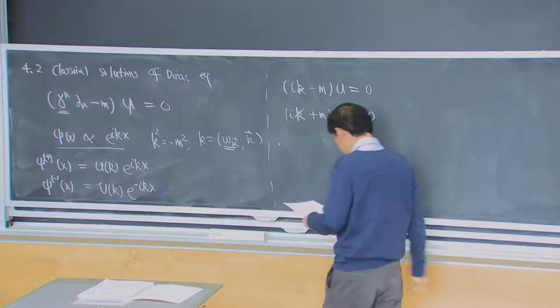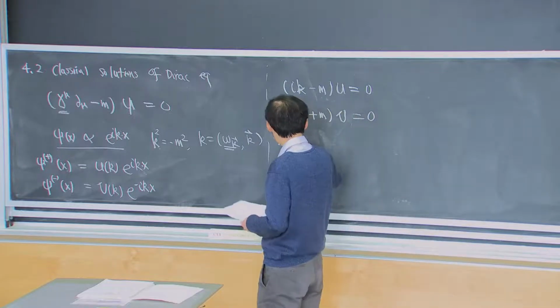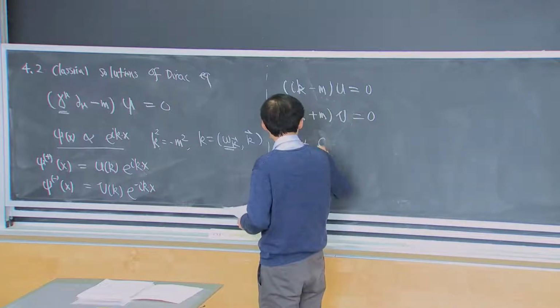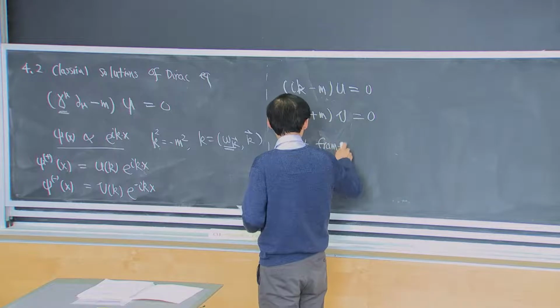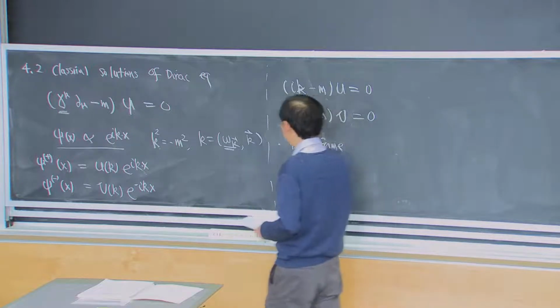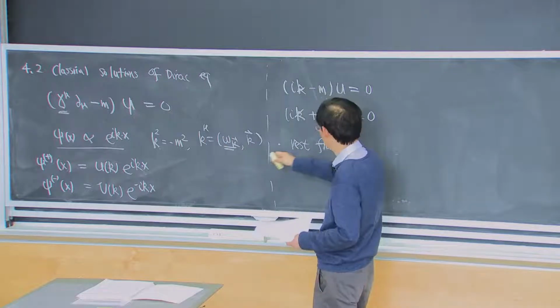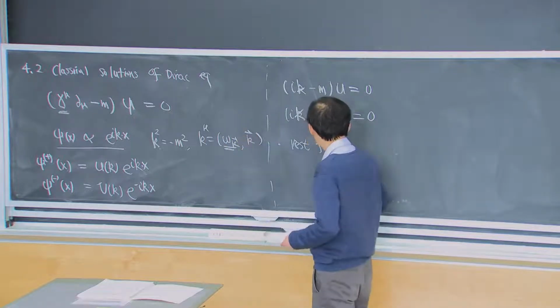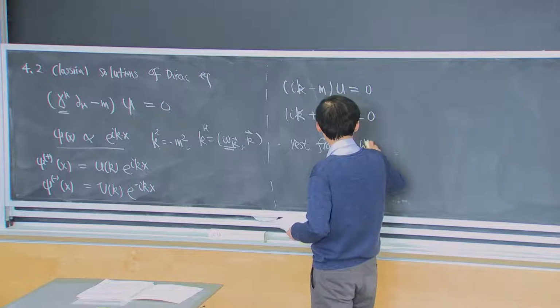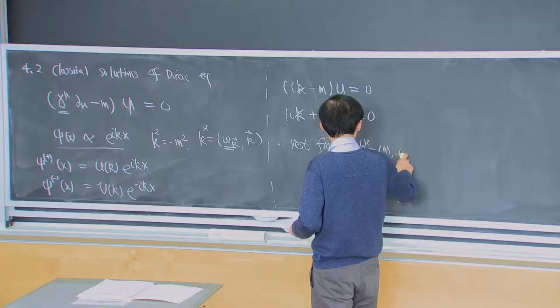One method is we first go to the rest frame. Say we take k mu to have 0 spatial momentum, and then k mu will be just equal to (m, 0).